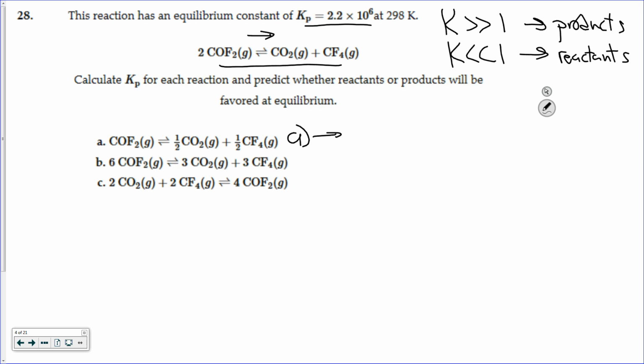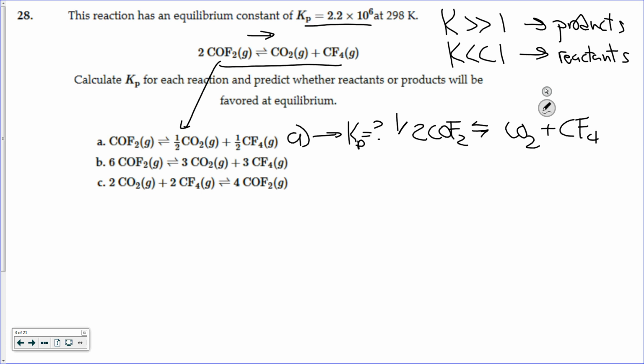Okay, if we took A by a factor of 2, but A is what we want to know K sub P for, so let's go the other way. So let's take this one. We need to divide everything by 2. I'm going to write the expression out right quick. If we divide everything by 2, that's the same as multiplying it by 1/2.